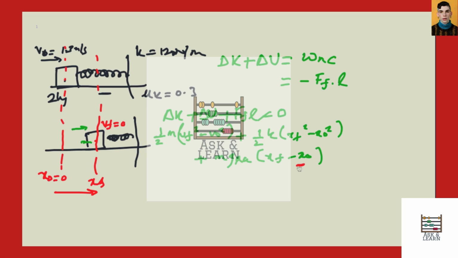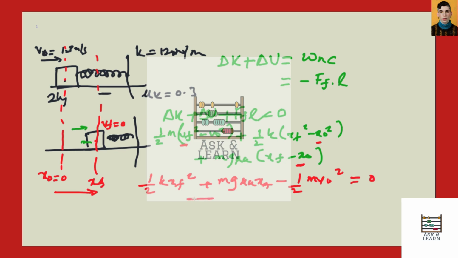So we finally write the equation as half k xf squared, because x naught squared is 0 so that term will vanish, plus mg mu k xf, x naught will vanish, and minus half m v naught squared, because vf is going to vanish, and that equals 0.